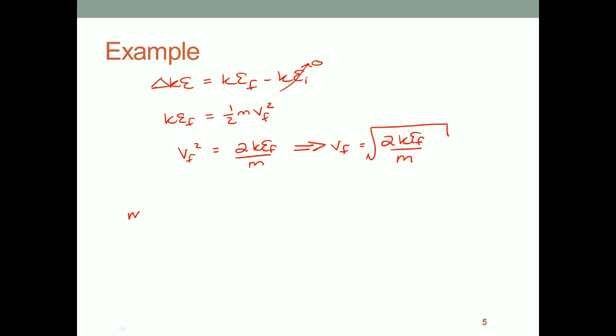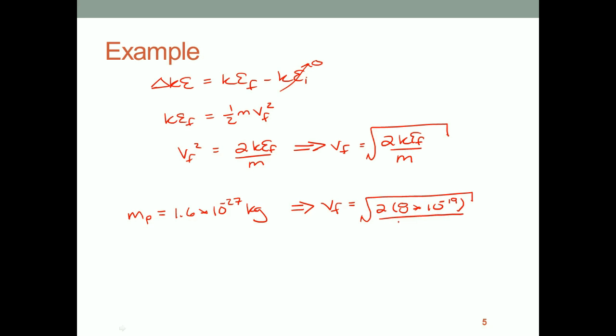So the mass of the proton is 1.6 times 10 to the minus 27 kilograms, which means when you plug everything in, v final is the square root of 2 times 8 times 10 to the minus 19 joules divided by 1.6 times 10 to the minus 27.